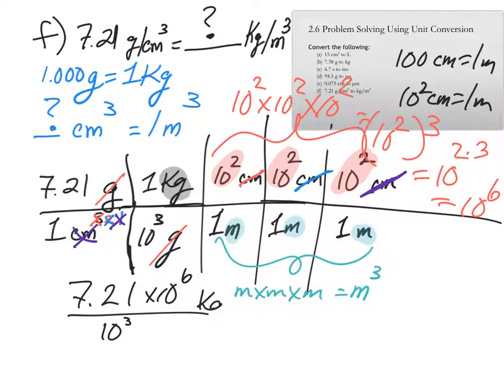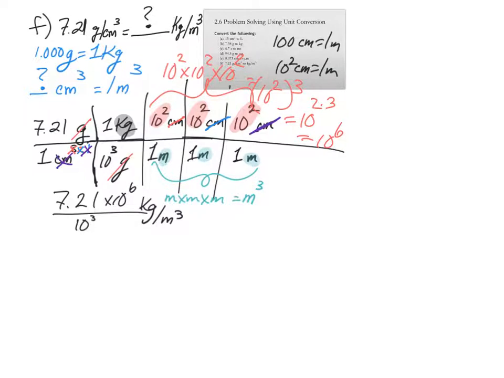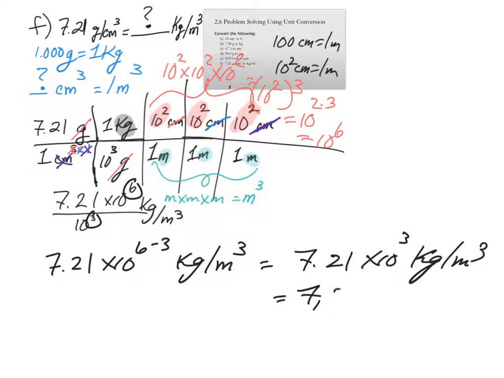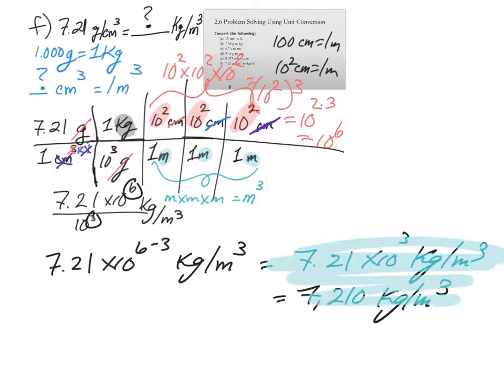So we have kilograms per cubic meter. And now we have 7.21 times 10 to the 6th minus 3, because you have 10 to the 6th there, 10 to the 3rd there, kilograms per cubic meter. And this is 7.21 times 10 to the 3rd kilograms per cubic meter, or 7,210 kilograms per cubic meter. Either of those options is correct. There's your correct answer.